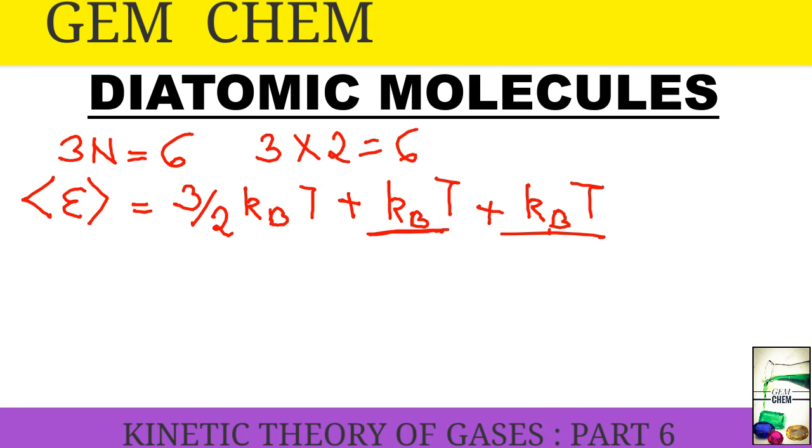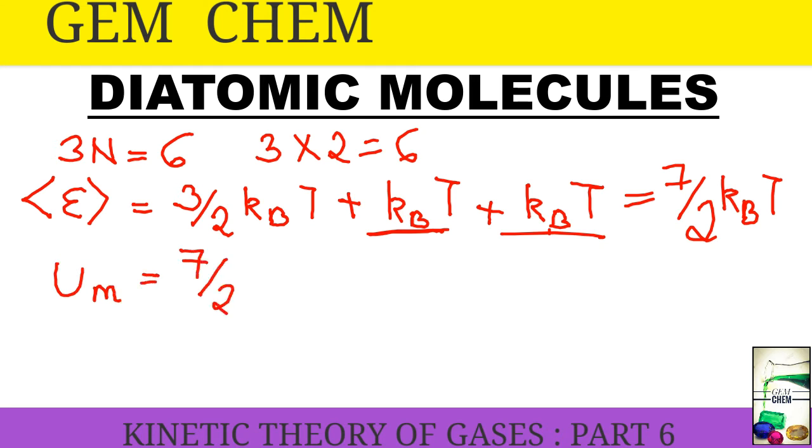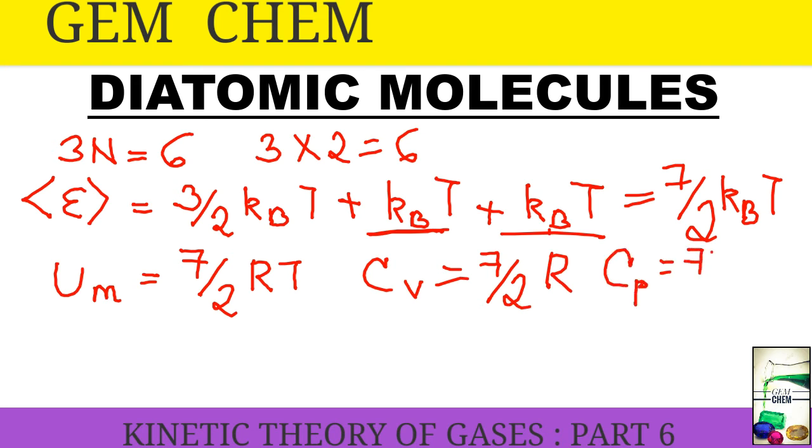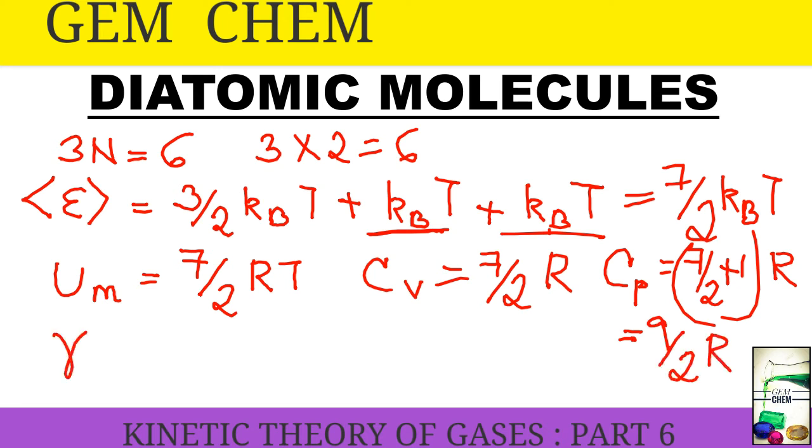On evaluating these parts, we get the value 7/2 kBT. So Um comes to be 7/2 RT and the Cv value comes to be 7/2 R. We get Cp value to be (7/2 plus 1) R, which is equal to 9/2 R, and the gamma value is Cp by Cv.